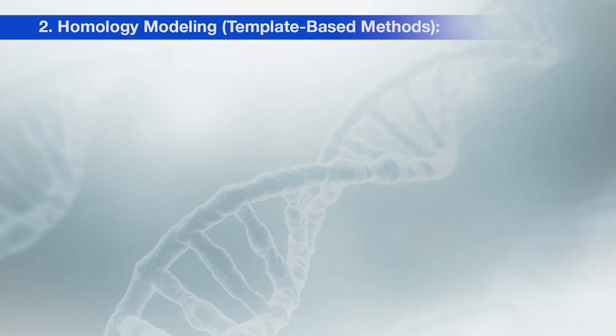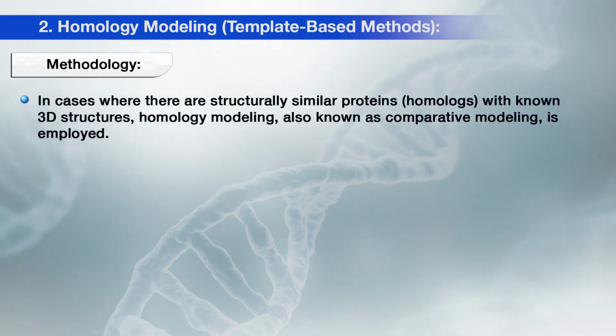The second is homology modeling, which is known as a template based method. In this, the methodology applies in cases where there are structurally similar proteins, known as homologs, with known 3D structures; homology modeling, also known as comparative modeling, will be employed.